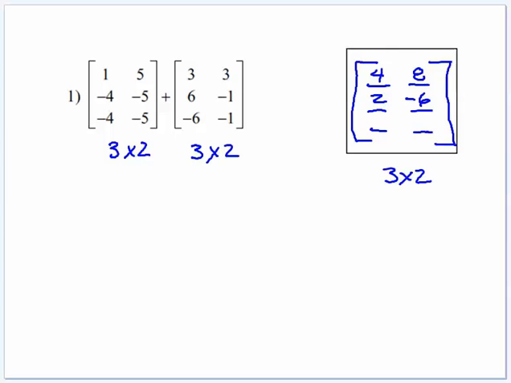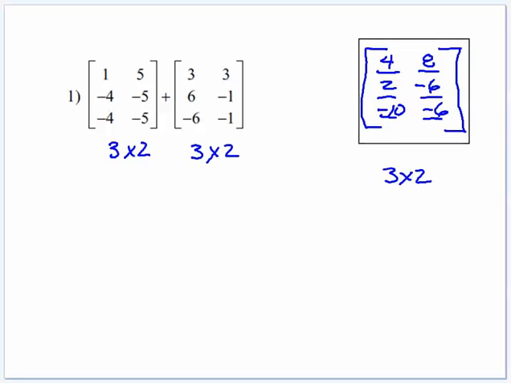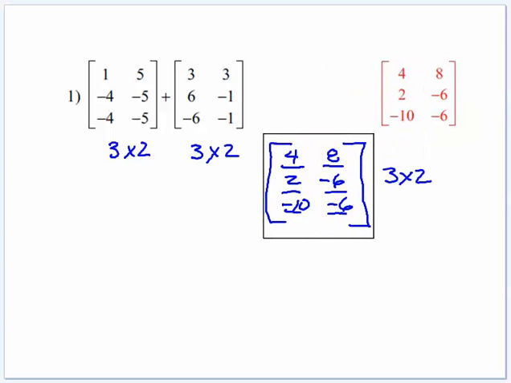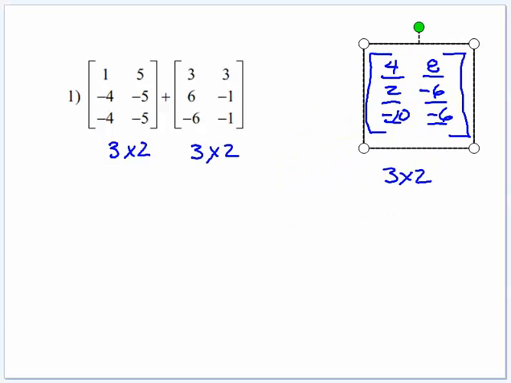Negative 4 plus negative 6: borrow 4, borrow 6 more, you're in the hole $10. Negative 5 plus a negative 1 is negative 6. Now let's take a look, and we'll see that our answer is the same as the answer from the problem. That's great. Let's move on to the next problem.